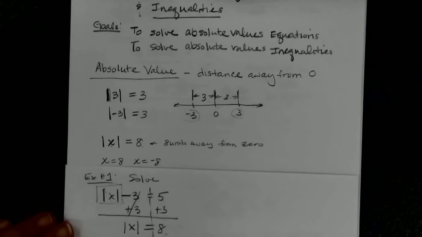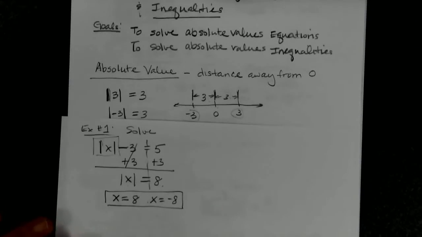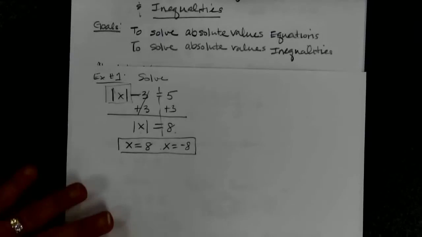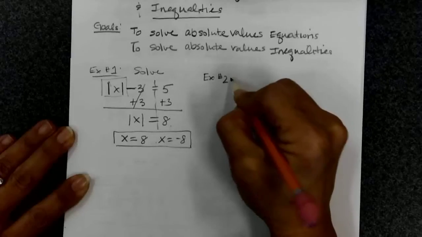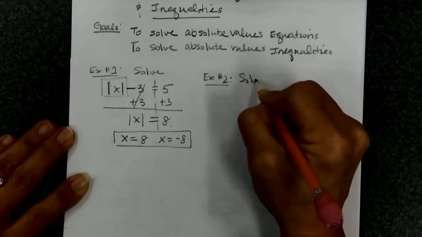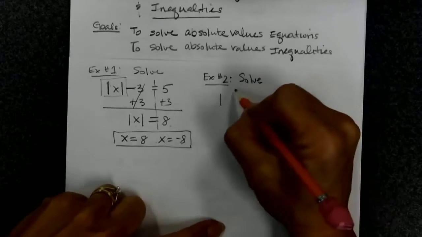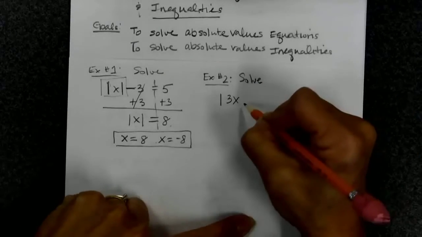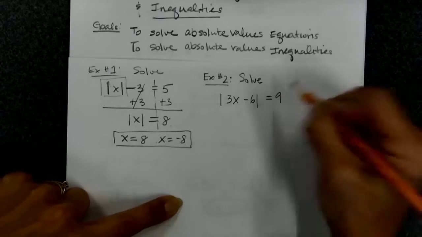Now let's make it a little bit more difficult. I'm going to give you example number 2. We are going to solve the absolute value of 3x minus 6 equals 9.